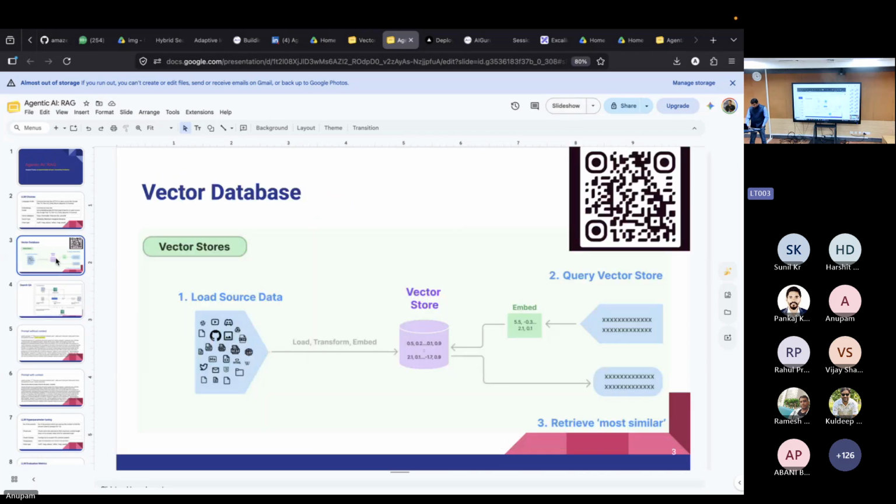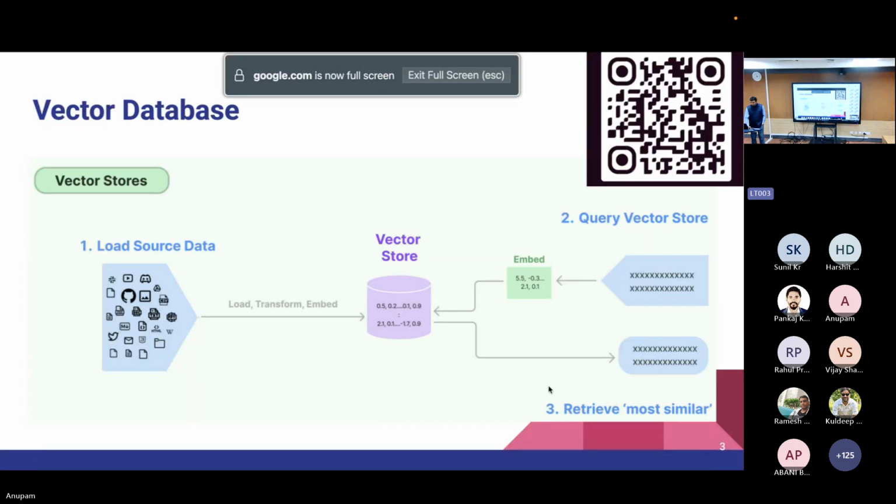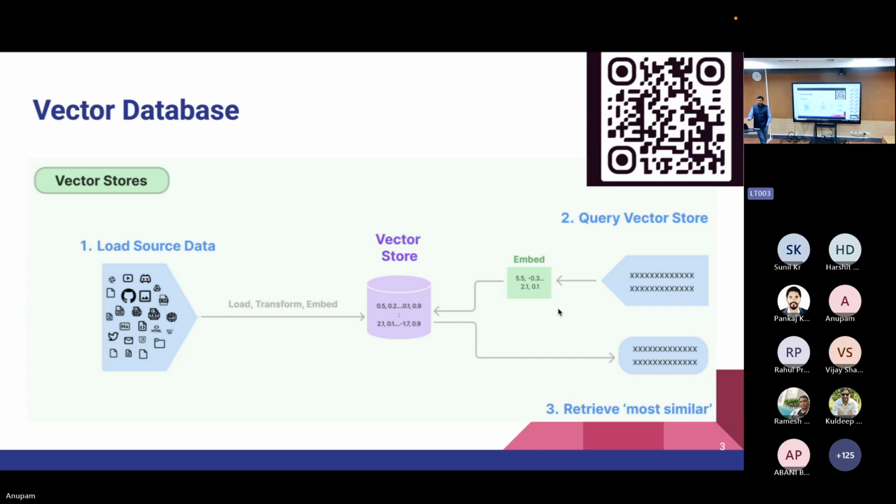If my cosine similarity is below a particular threshold, then I will say it is not relevant. In that way, you filter out things which are just noise. So then it will not consume anything.